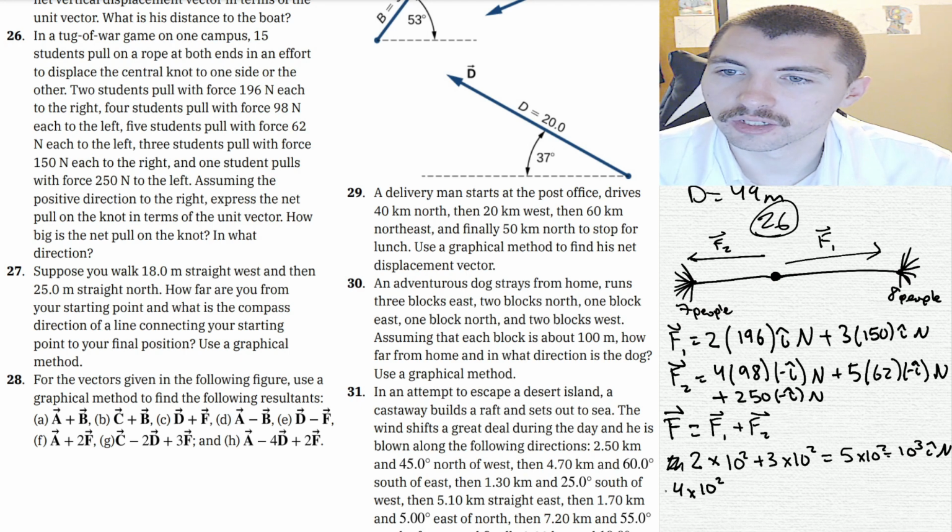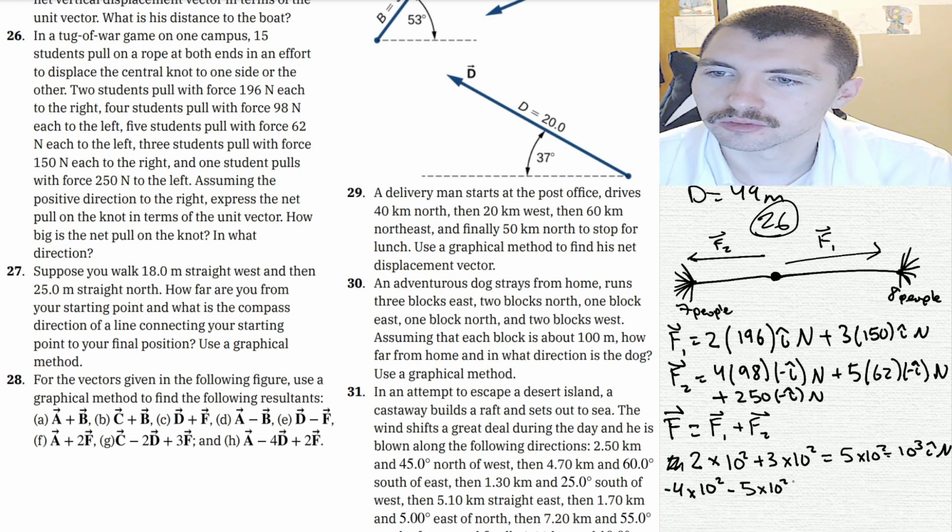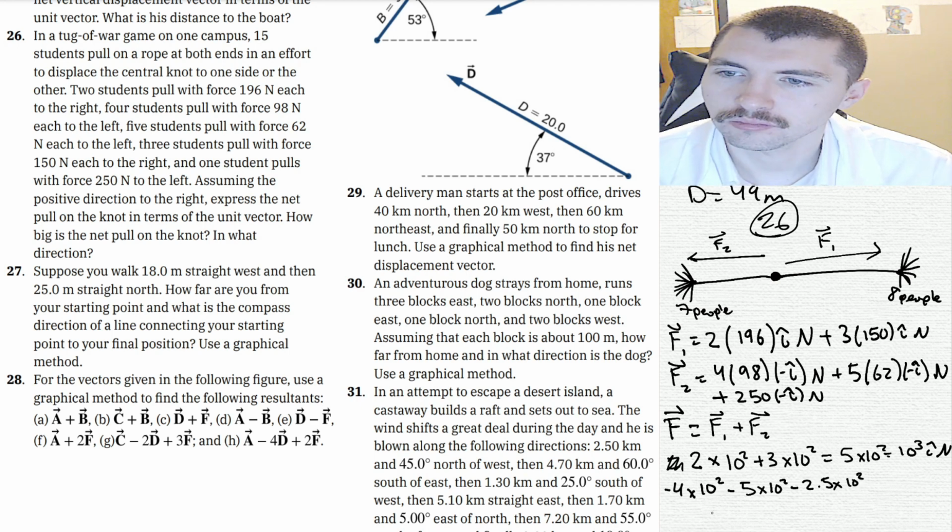And we're going to say these are negative values. Minus 5 times 10 to the 2, minus 2, okay, which is, minus 9, minus 11.5 times 10 to the 2.